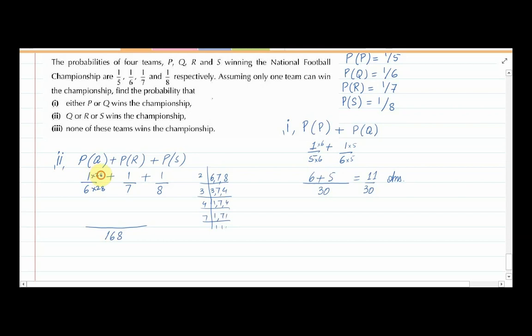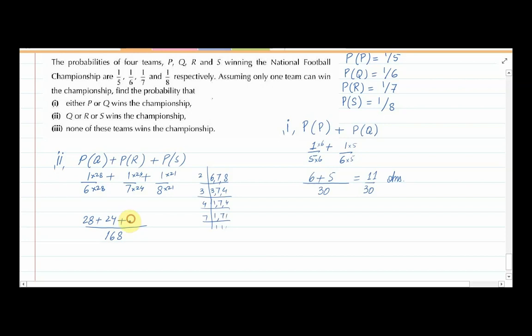So it's 28 plus 7 times 24 is 168. So 1 times 24 will be 24. And at last 8 times 21 is 168. So it's 1 times 21, that means 21.